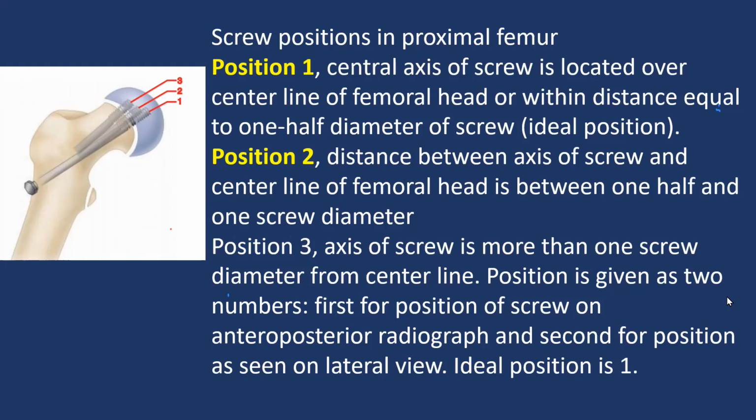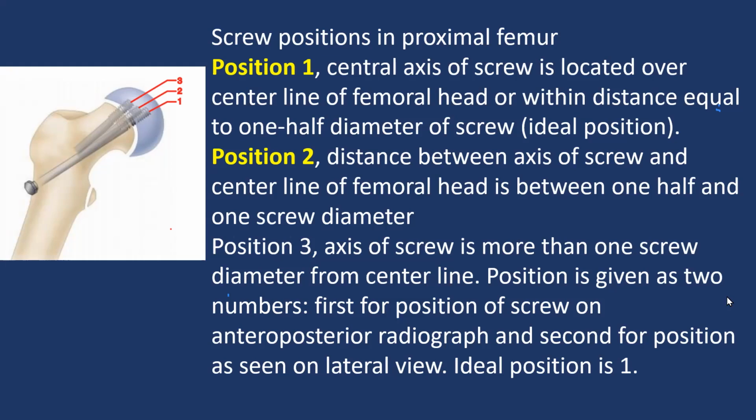Now, position 1: the central axis of the screw is located over the center line of the femoral head or within a distance equal to 1/2 the diameter of the screw, the ideal position. Position 2: the distance between the axis of the screw and the center line of the femoral head is between 1/2 and 1 screw diameter.